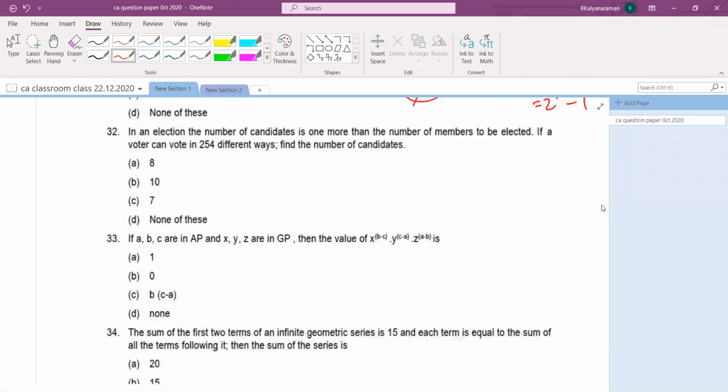So in an election, you have got it? In an election, the number of candidates is one more than the number of members to be selected. If a voter can vote in 254 different ways, find the number of candidates.